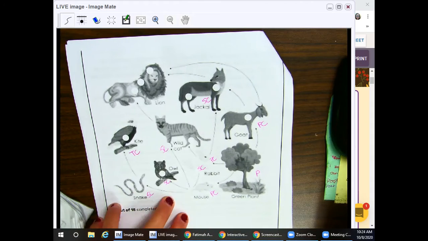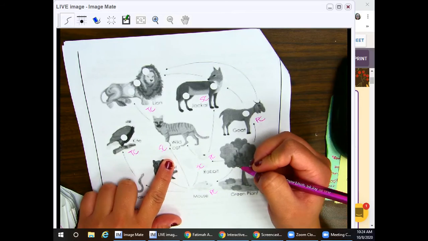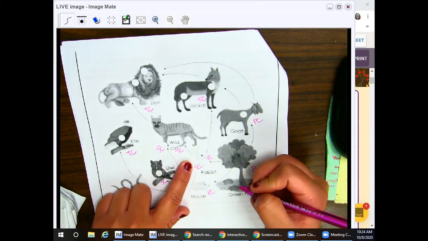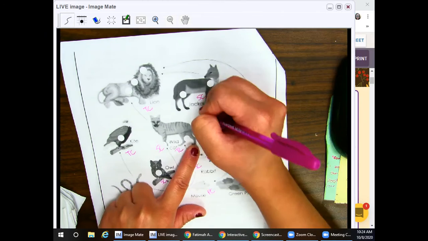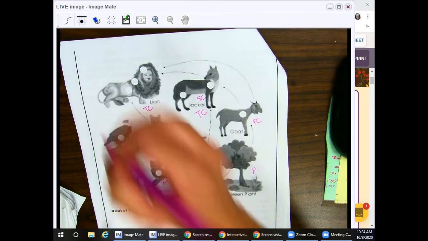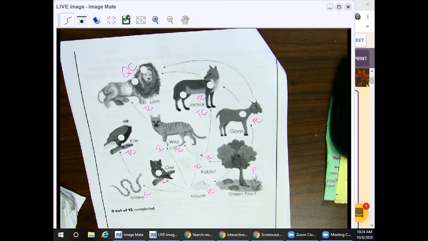The wildcat can also be a tertiary consumer, and the jacktail can also be a tertiary consumer. So that's 1, 2, 3, 4 tertiary consumers. And a quaternary consumer, that's going to be the lion. And we only have 1 of those.